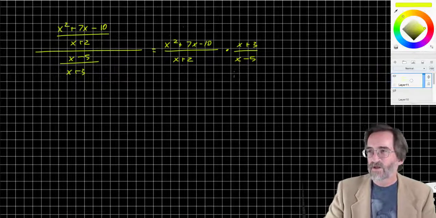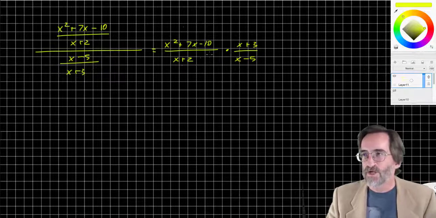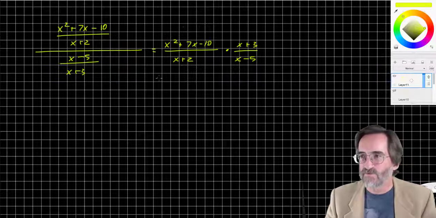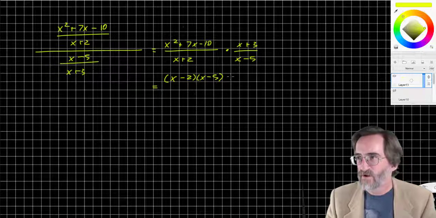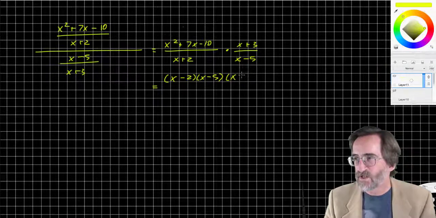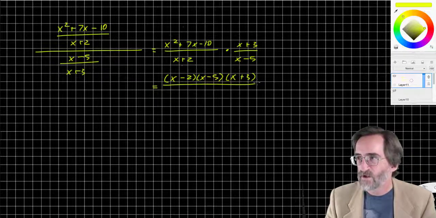Okay, now we could go ahead and multiply things across, but we want to check for reducing. So we want to factor where we can. X squared plus 7x minus 10 factors as x minus 2, x minus 5. Multiply straight across, x plus 3, x plus 2, x minus 5. So we do get some canceling.